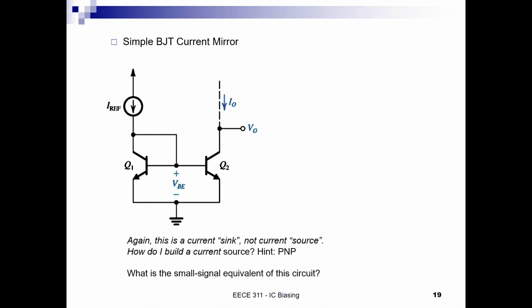The small signal equivalent resistance or the output resistance of this circuit is still considered RO2, okay? And how do I build the current source? I build it using PNP devices. Okay, so we build the current source using PNP devices. Anybody has any questions? Okay, we are going to stop here.